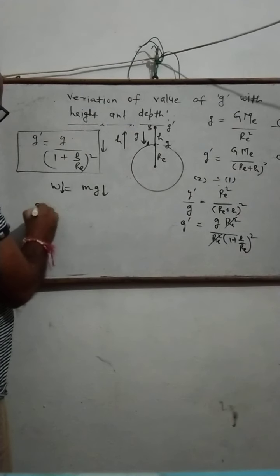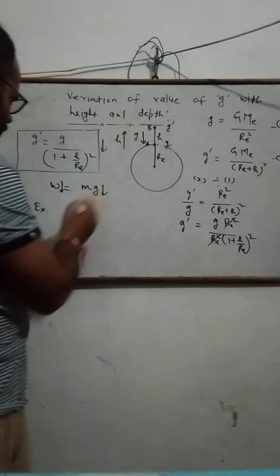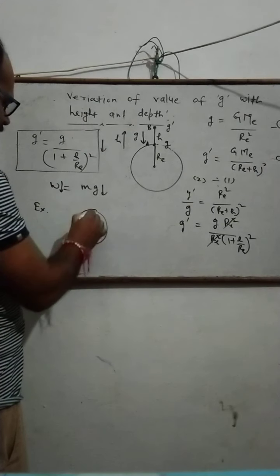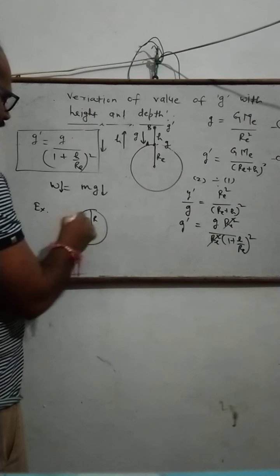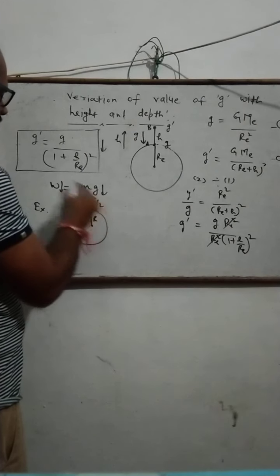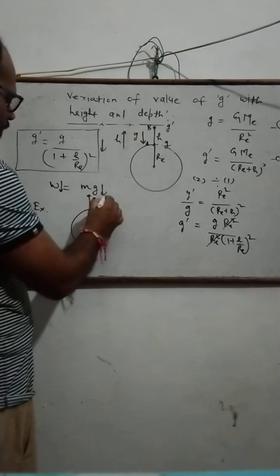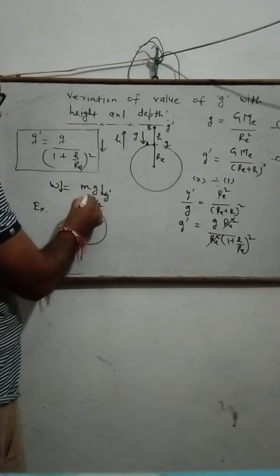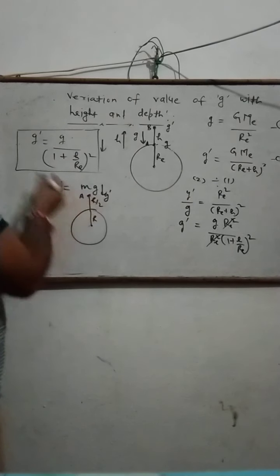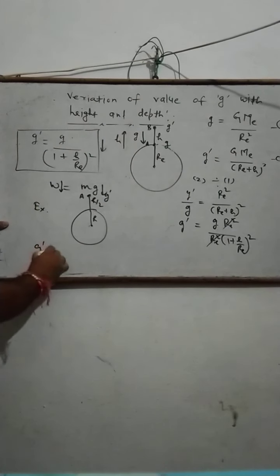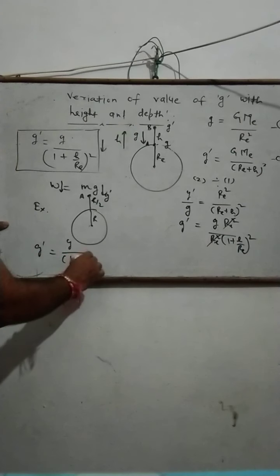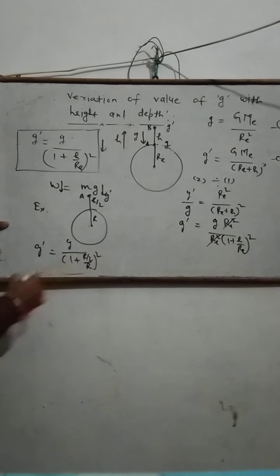Now take a simple example. Here is the Earth. This is radius r, and you are here somewhere at r by 2 distance. What will be the value of g here at this point A? So you can use this formula. g dash equals g by (1 plus (r by 2) by r) the whole square.